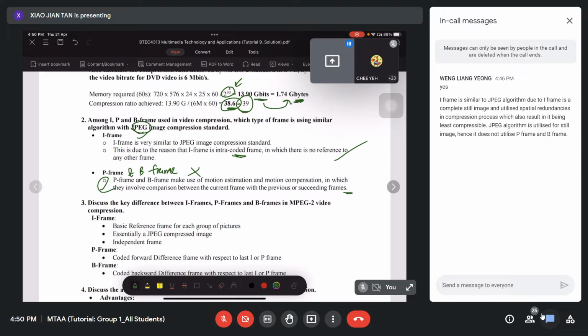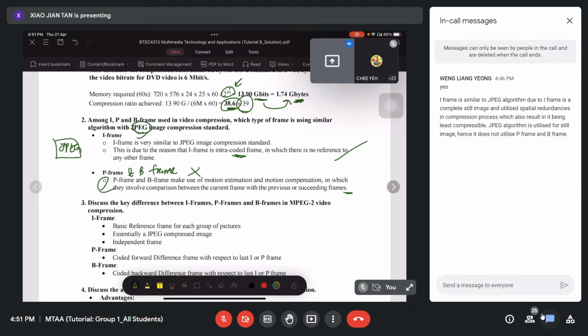Okay, so in video compression we have spatial redundancy and temporal redundancy. Spatial redundancy is mostly in the still image, in one space. So I frame is one still image, so spatial redundancy should be focused in JPEG, in I frame especially. But for P frame and B frame, we are using the motion estimator.